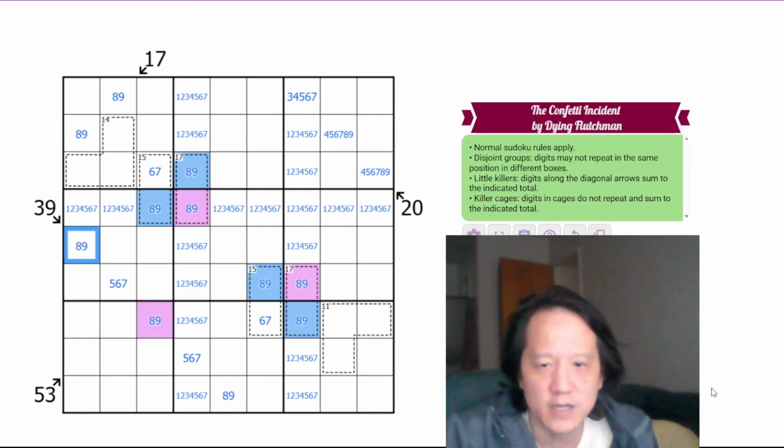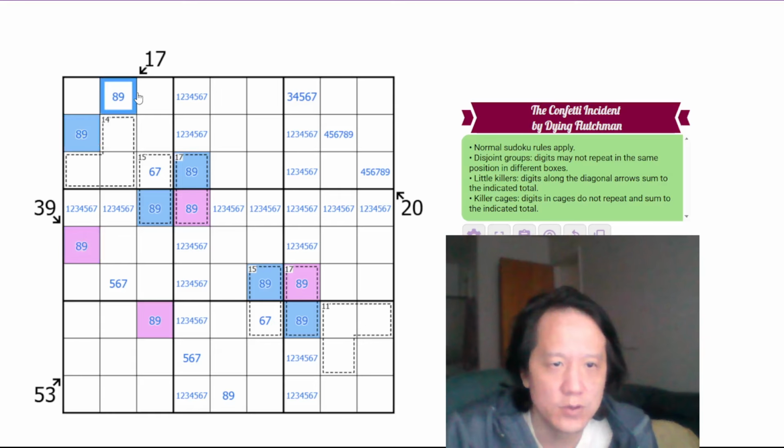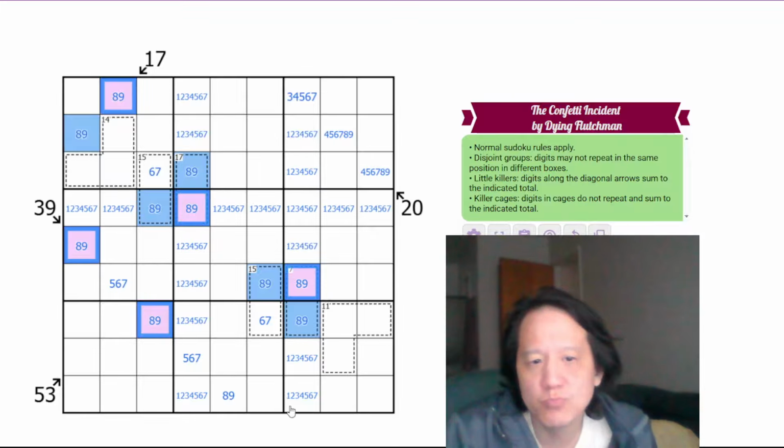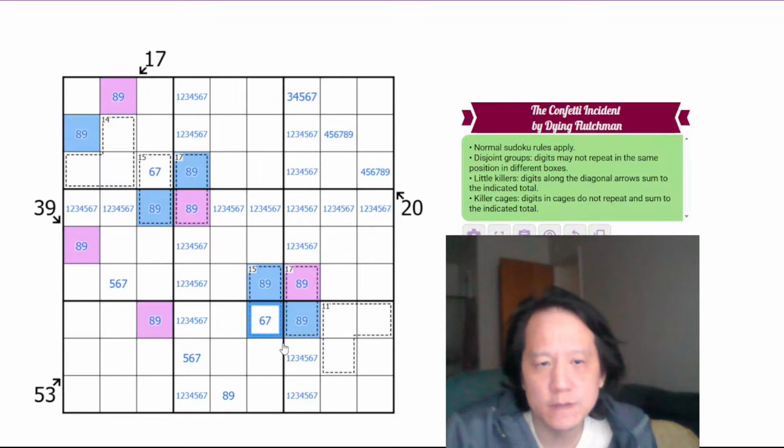So this has to be 8, 9 here, which makes this pink, which makes this blue, which makes this pink here. Interesting. Okay.